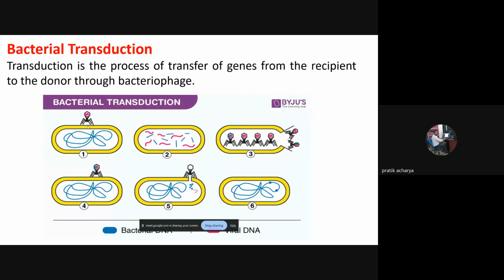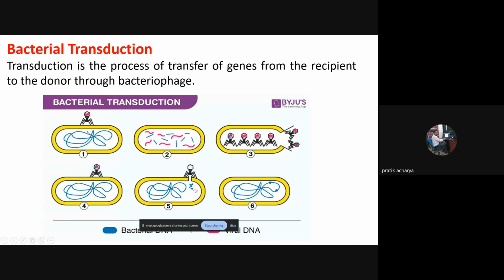The bacteriophage which infects the bacteria, when bacteriophage is associated with the bacteria, they start infecting the bacteria. Okay. By using the host, bacteriophage has its own DNA. This is bacterial DNA.